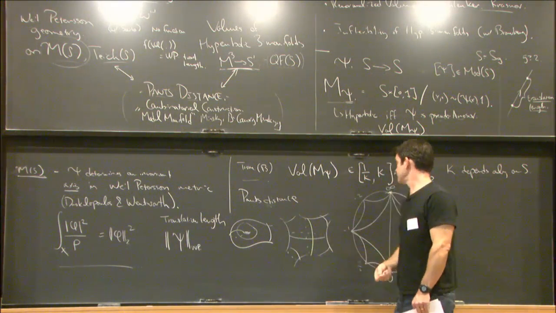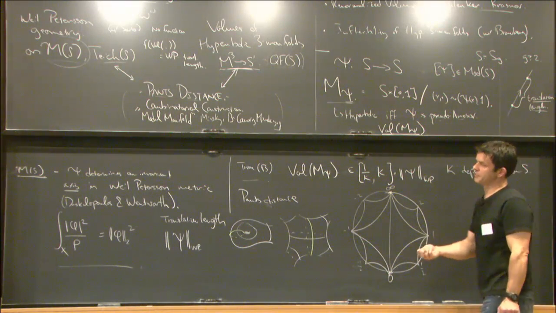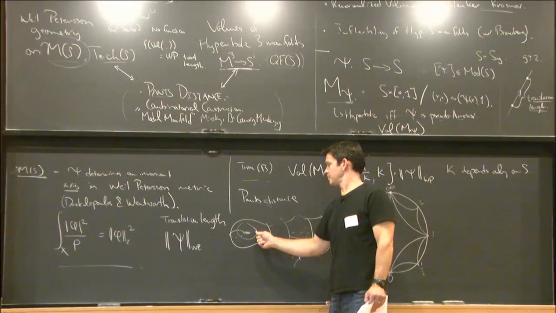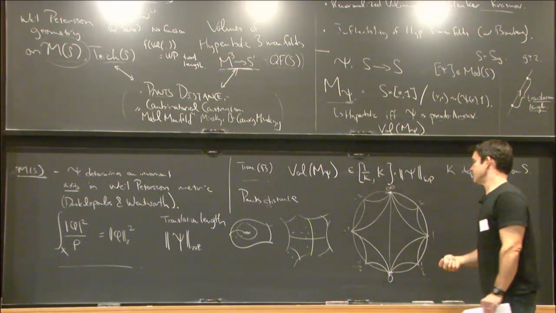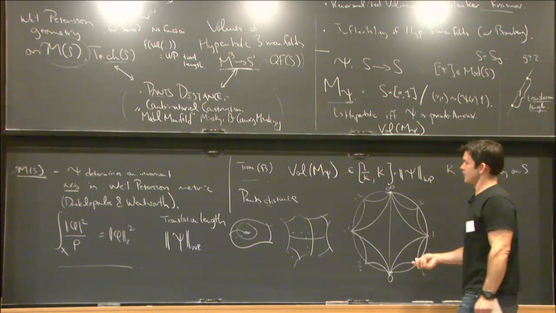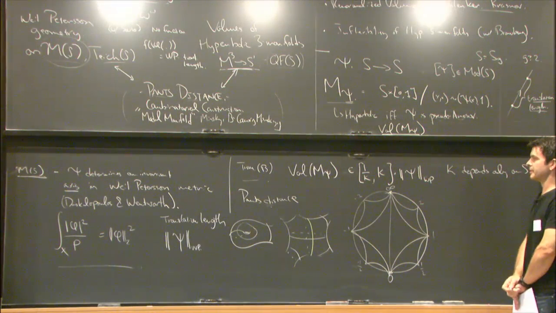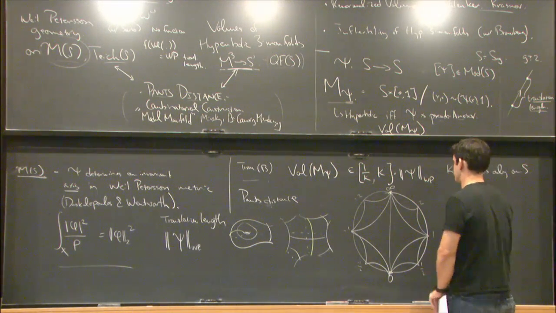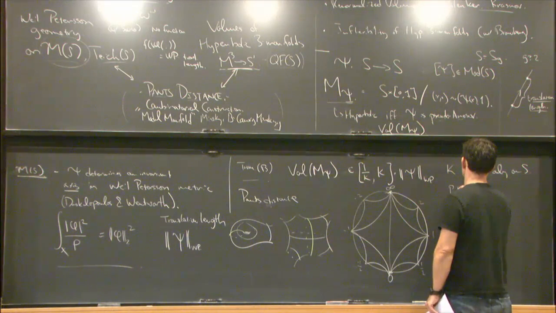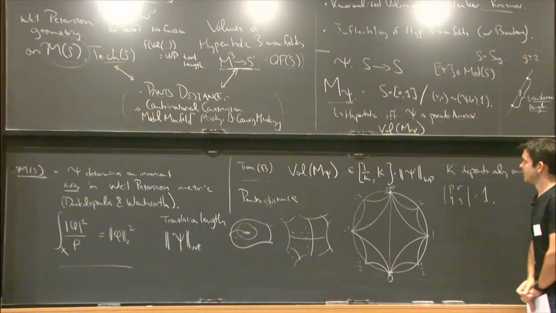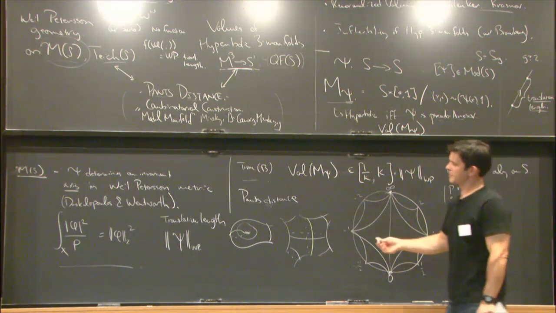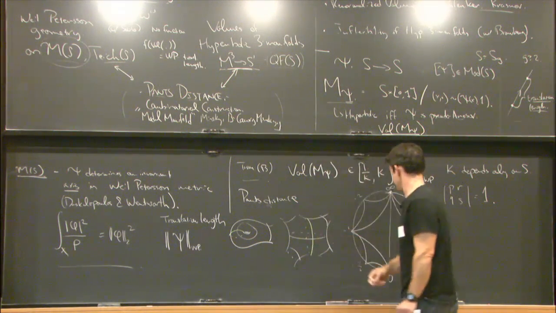Those correspond to slopes, or in a homology basis for the punctured torus, to a basis. So if two points are joined by an edge here, they form a standard basis. So we want ps minus qr equal to 1.